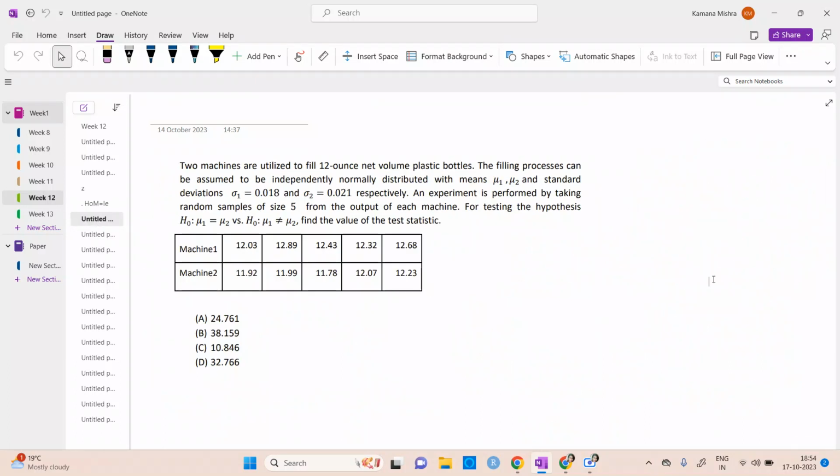So now we will move to the next question. What is given here is that we are utilizing two machines to fill 12-ounce net volume plastic bottles, and this filling process can be assumed to be independently normally distributed with the means given here as mu1 and mu2, and the standard deviations given here as sigma 1 and sigma 2.